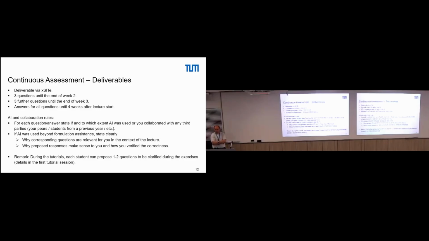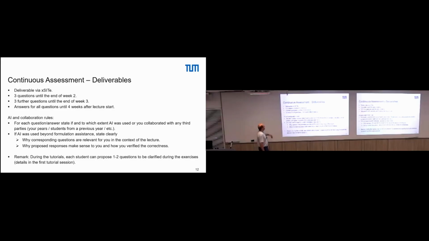Okay, the first of the two CAs should already be visible to you in the system, where you should be able to put pure text. Since we are doing this the first time, please let me know if something doesn't work. How much time do we have?